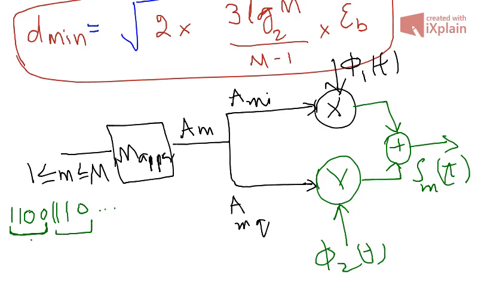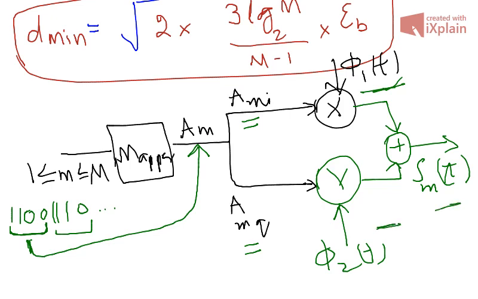So this mapper, based on the first 4 bits, will choose the Am, each symbol, Sm or Am, you can say, and then each symbol has 2 coordinates, right? Ami and Amq. So those 2 coordinates are multiplied with phi1 and phi2, which are the sinusoids, and the addition gives you the QAM. This is the simplified QAM modulator.